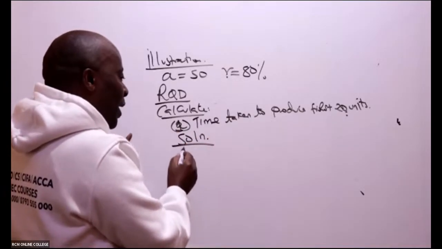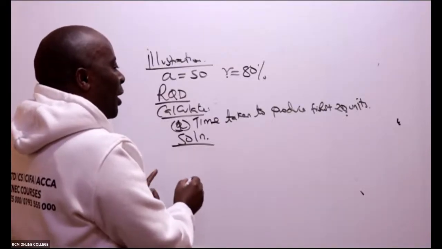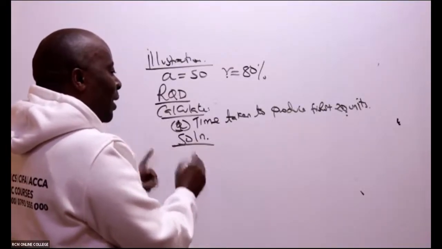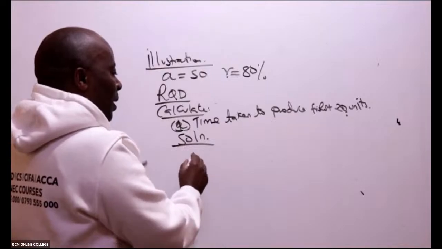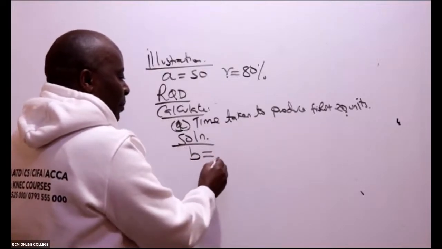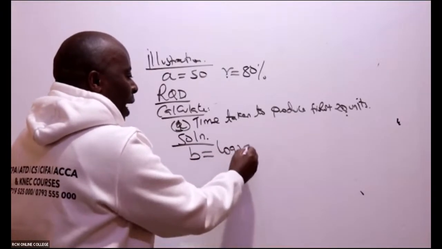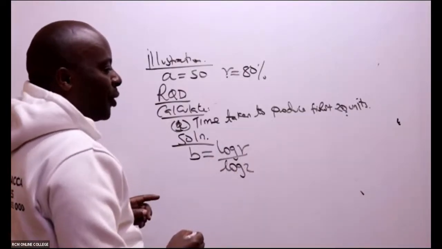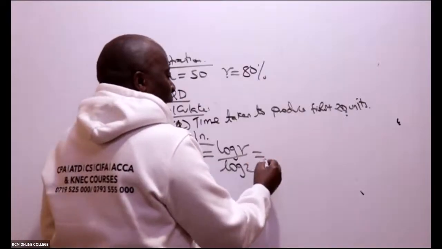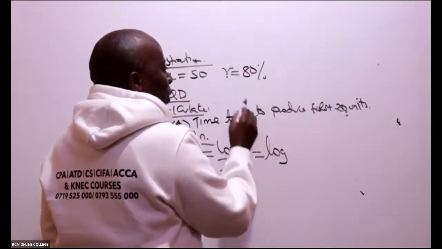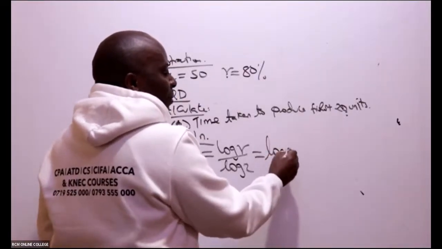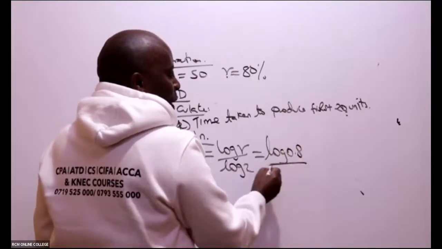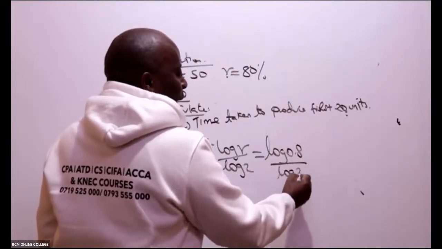The very first thing I will do here is to get the learning index B. How do we get learning index B? It is logarithm of R over logarithm of 2. So in this case it will be logarithm, don't say 80%, it must be point something. So logarithm 0.8 over logarithm 2.